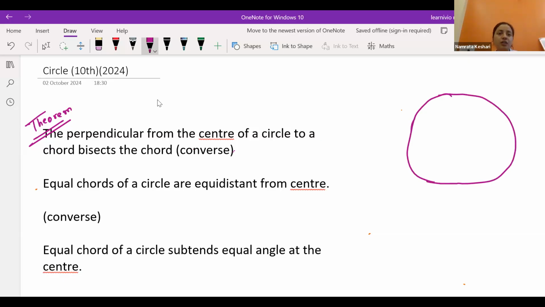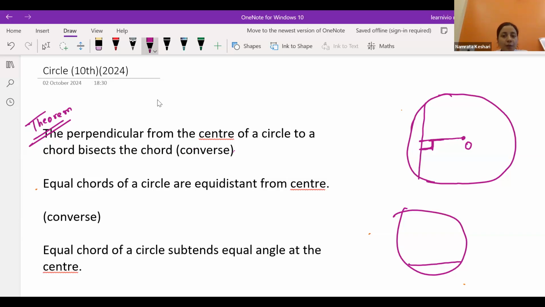So if in a circle you are drawing a chord, okay, this is a chord in a circle, then the perpendicular from the center on this chord, if you drop a perpendicular from the center, okay, here it's not related to radius and all. This theorem you have done in class 9.